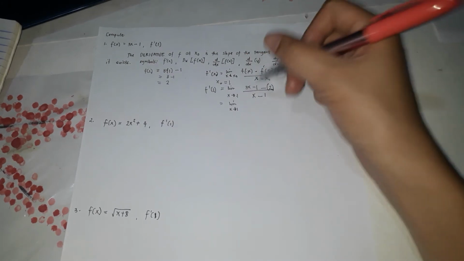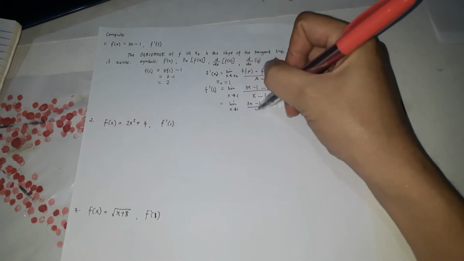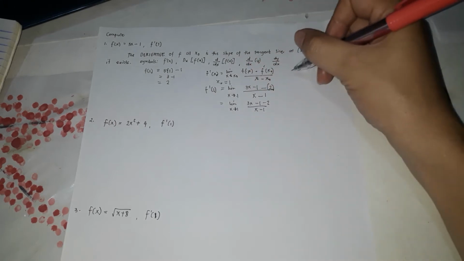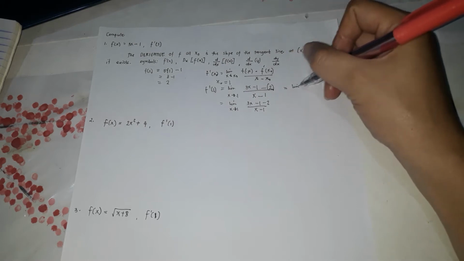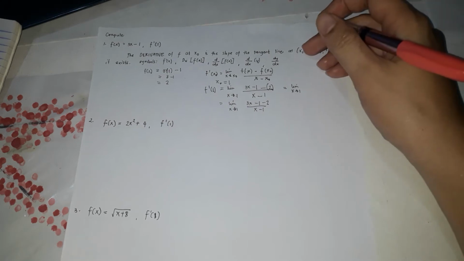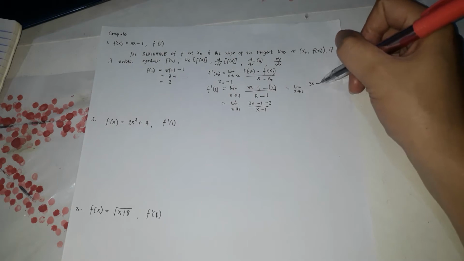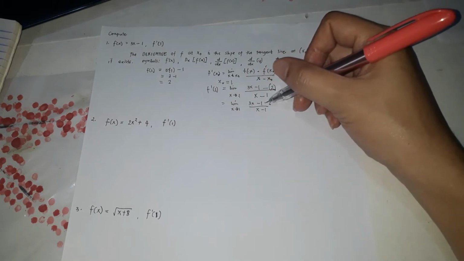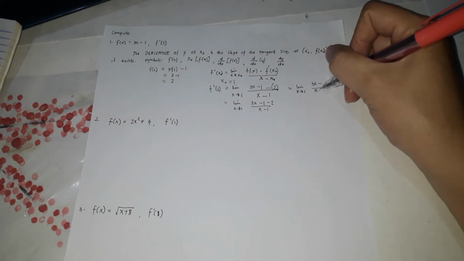So 3x minus 1 minus 2 over x minus 1. The limit as x approaches 1 of 3x minus 1 minus 2, negative 1 minus 2 is negative 3, over x minus 1.